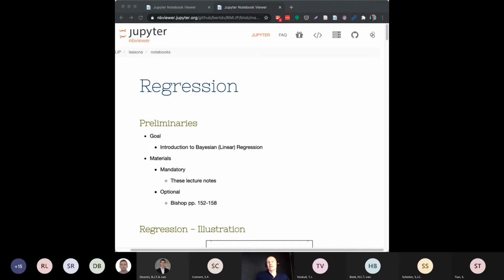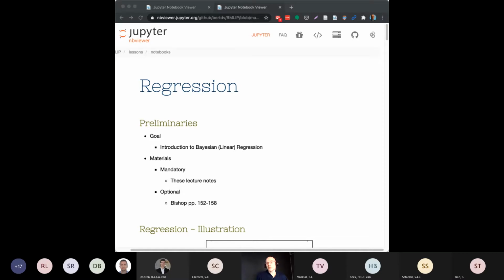So today we're going to do a review of regression, Bayesian regression. As you know, if you've taken a class in deep learning or basically any other machine learning class, regression and classification is about 90% of the applications that you will do, and also about 90% of the successful applications in machine learning.